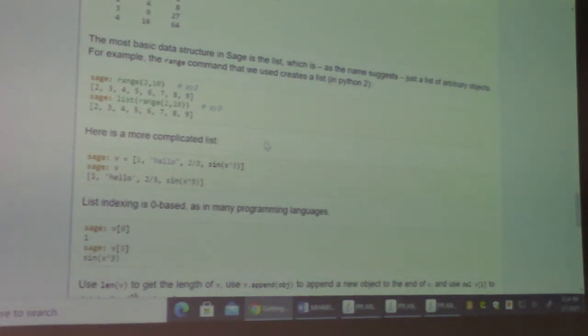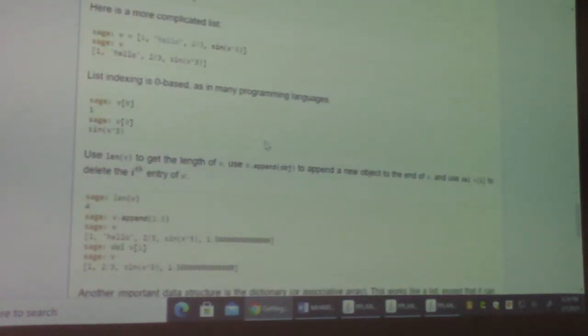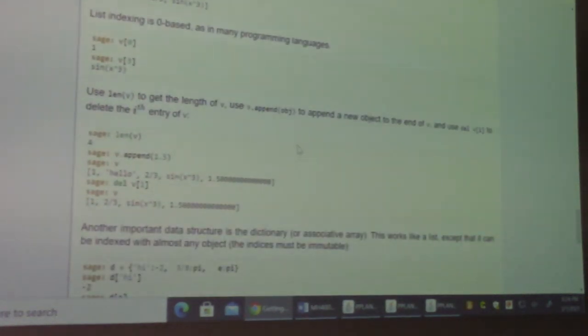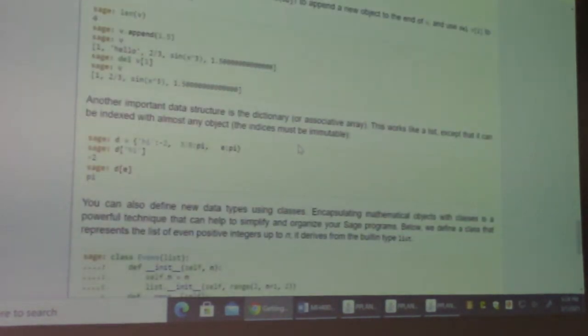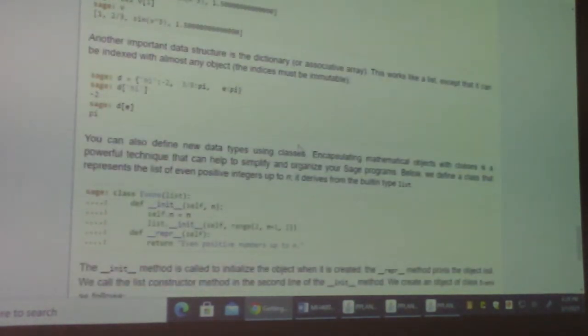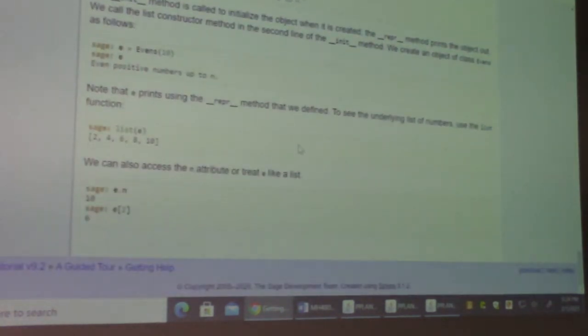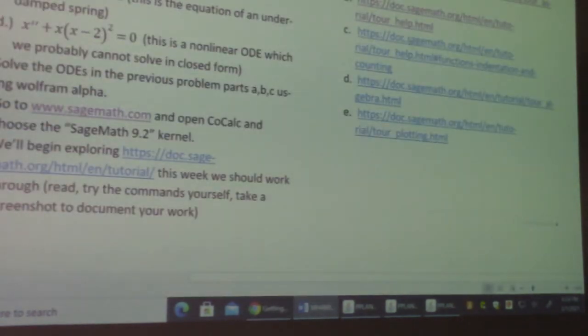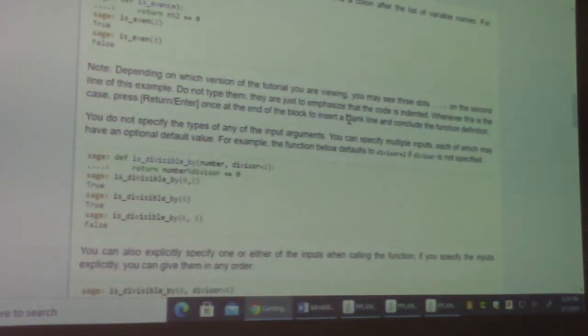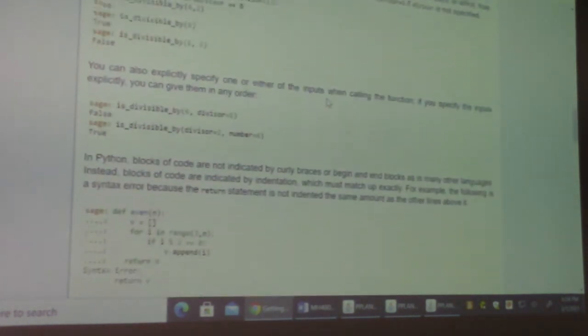So we'll be able to use that to plot and such, right? No, I'm moving on. I think I already did this part.